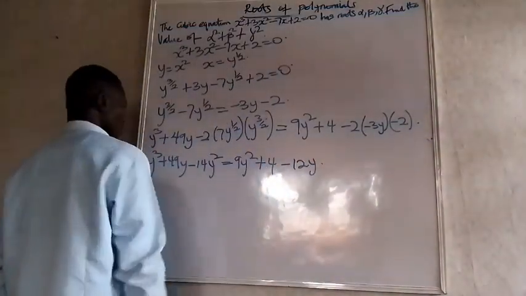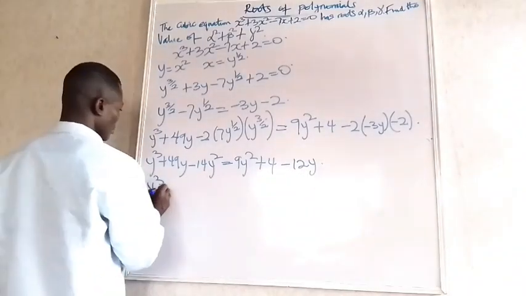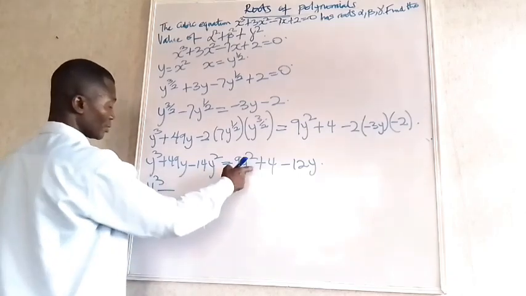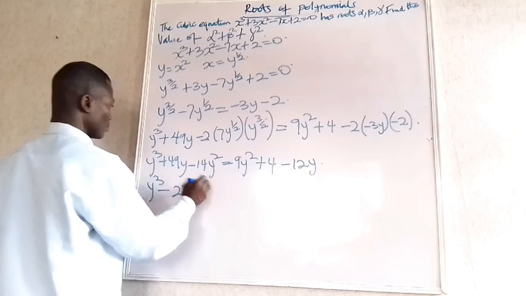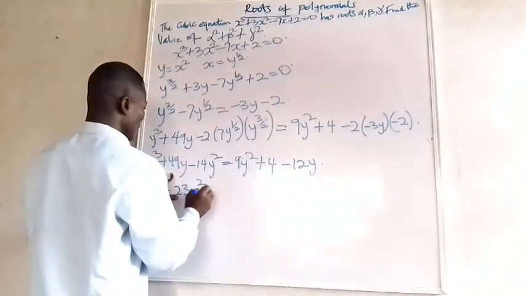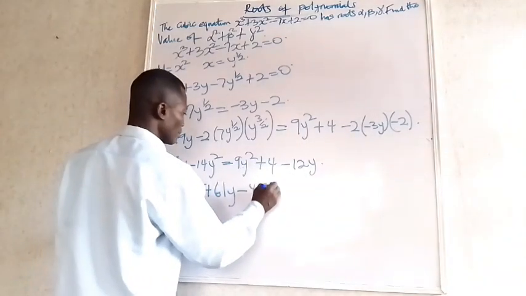Now let's put everything to one side. So we are going to have y cubed minus 14y squared minus 9y squared, that's minus 23y squared, plus 49 minus 12, that is 61y, minus 4 equals 0.